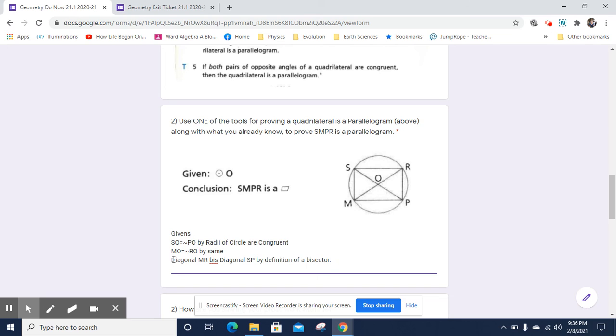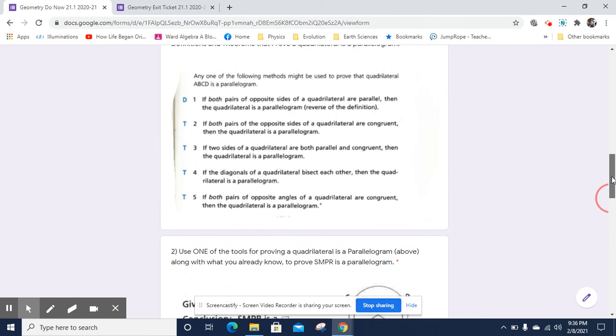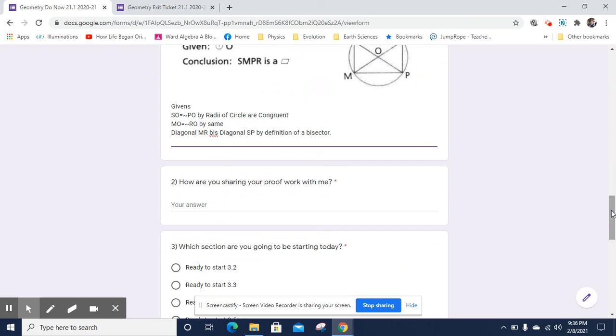Okay, so once we've demonstrated that, then we can go back up here and take a look at the options. If the diagonals of a quadrilateral bisect each other, then the quadrilateral is a parallelogram. So we can now just say SMPR is a parallelogram because the diagonals bisect each other. All right, I hope that was helpful, and I will stop now.